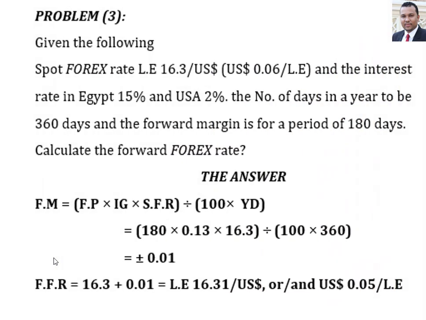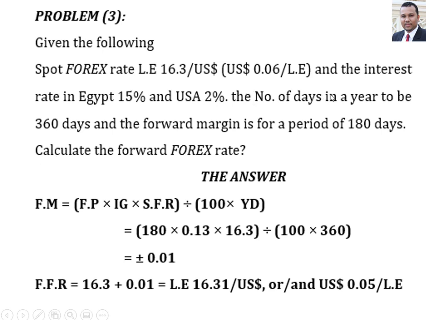For example, in page 74, spot forex rate: 1 US dollar equals 16.3 Egyptian pounds. This is the direct quotation. In indirect quotation, 1 Egyptian pound equals 0.06 US dollar, and the interest rate in Egypt is 15% and the interest rate in USA equals 2%.